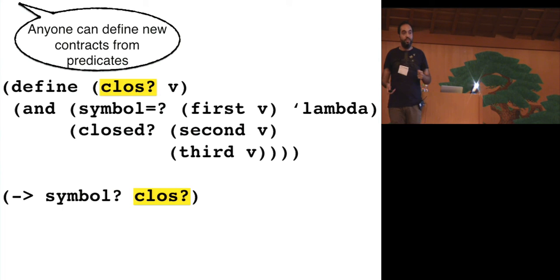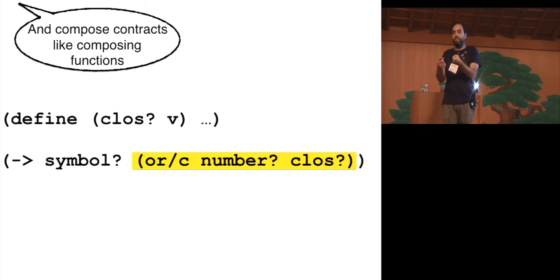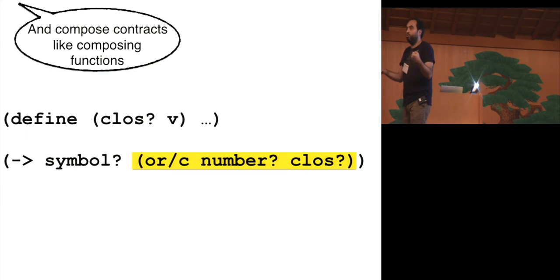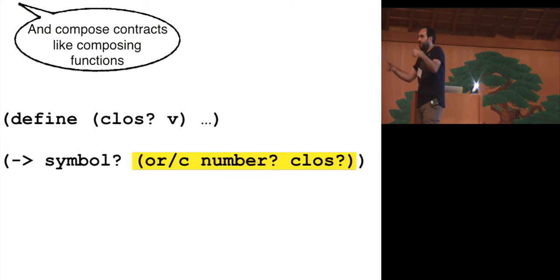For instance, this one here is a predicate that checks if something is a representation of a closure, and also checks that there are no free names inside this closure. The other thing we can do is, since contracts are ordinary values, we can compose them using contract combinators like we could compose ordinary values in our language and obtain much more complicated contracts gradually.